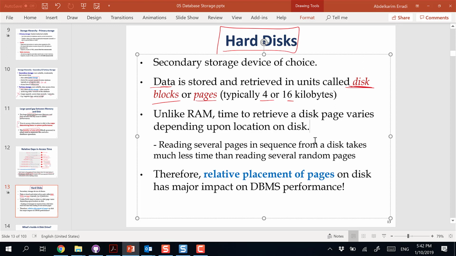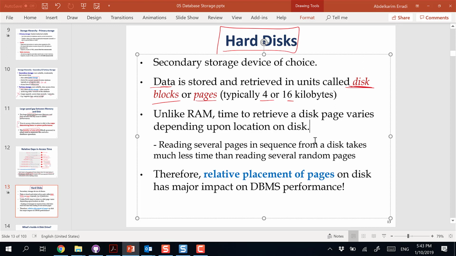While in the hard disk, I'm not talking about SSD drives, I'm talking about hard disks. They still have mechanical components that I will be explaining shortly. And these mechanical components, definitely they need time. If you want to read randomly, keep jumping from one place to another on disk, that will take time.